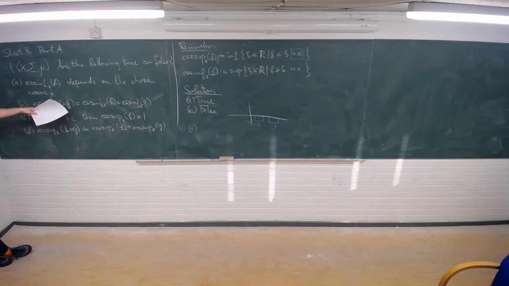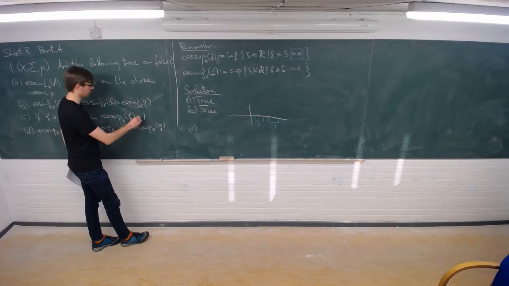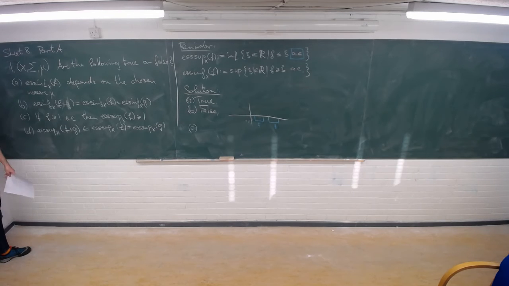Everyone happy with this? Any questions? Okay, so then part C. If f is greater or equal to 1 almost everywhere, then the essential supremum is greater or equal to 1. True or false?